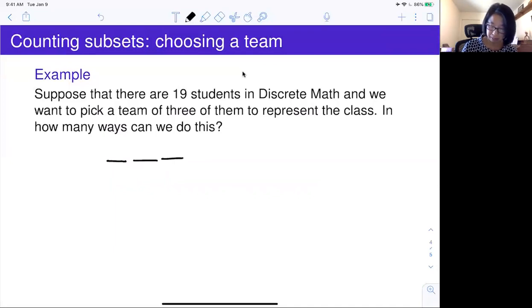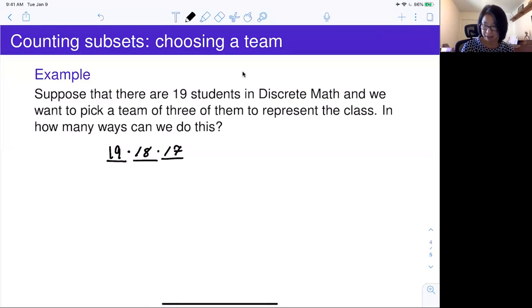So we can choose any one of the 19 for the first spot. We have 18 students left. We can choose any one of the 18 for the second spot on the team. And then for the third spot on the team, we have 17 choices. However, this is a team, right? It's not like there's a first person on the team, a second person, and a third person. The team is unordered.